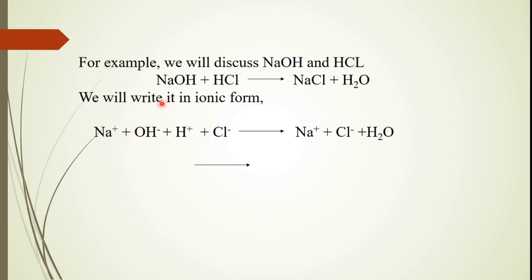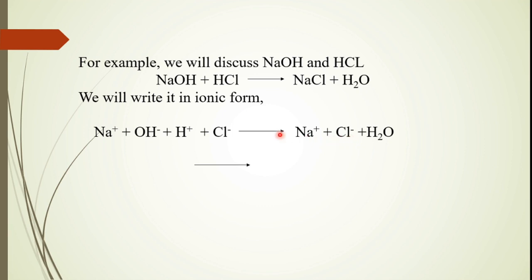When NaOH is dissolved in water, it is present as Na+ and OH- ions, and HCl is present as H+ and Cl- ions. When they react with each other, the H+ and OH- ions form water, H2O, and the Na+ and Cl- ions remain as they are.